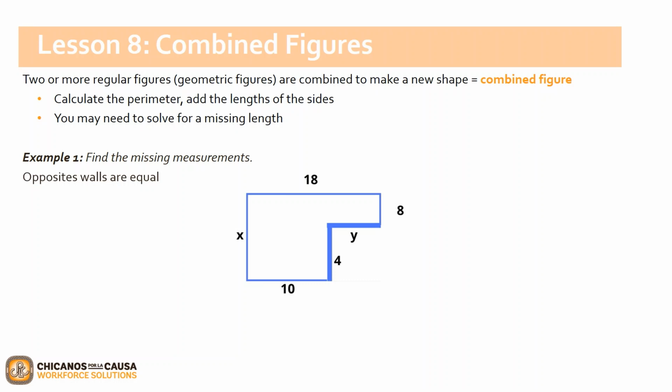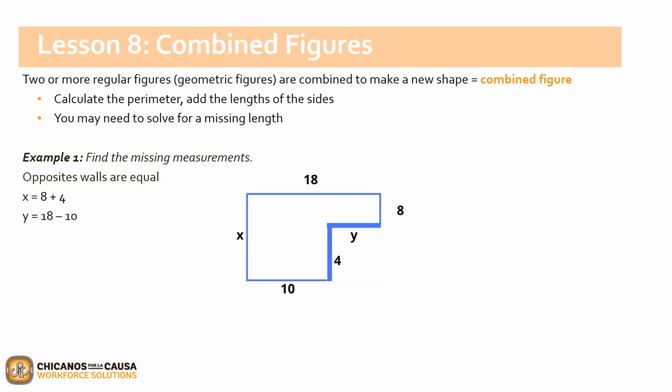walls. So therefore, we know that the variable of x equals 8 plus 4. 8 and 4 are opposite of x. We need to add those together in order to get the value of our variable x. For y, it's going to be the same thing. They're opposite walls from each other.